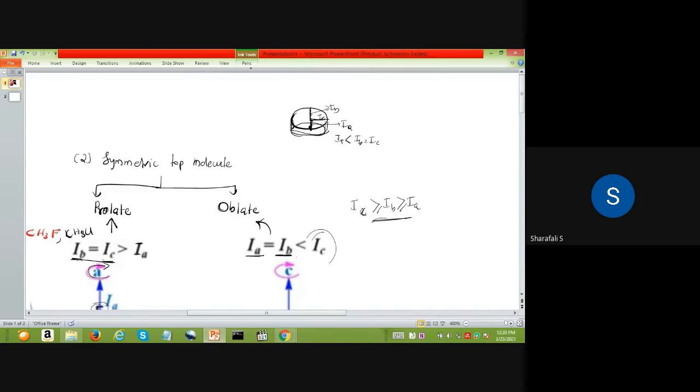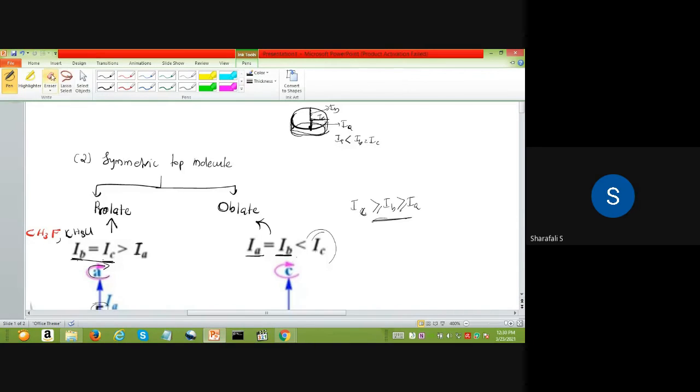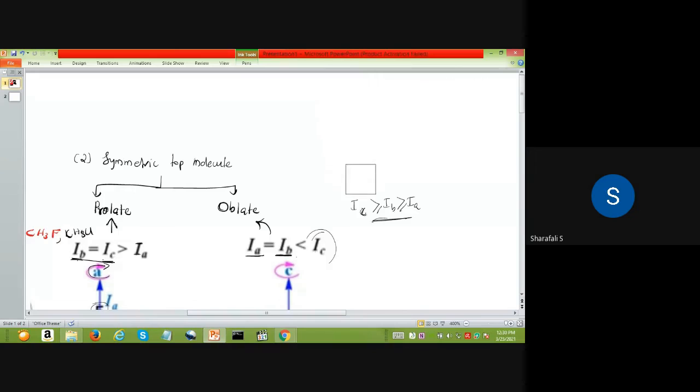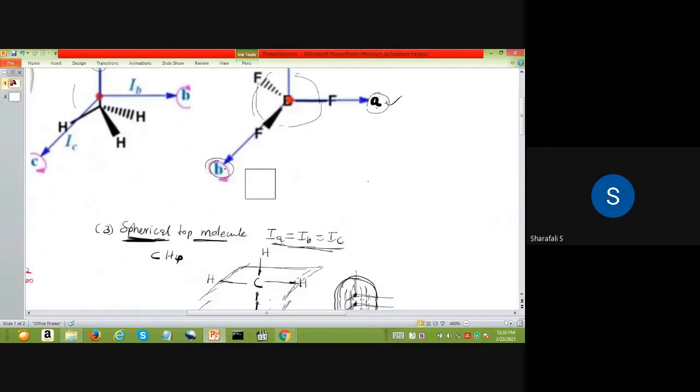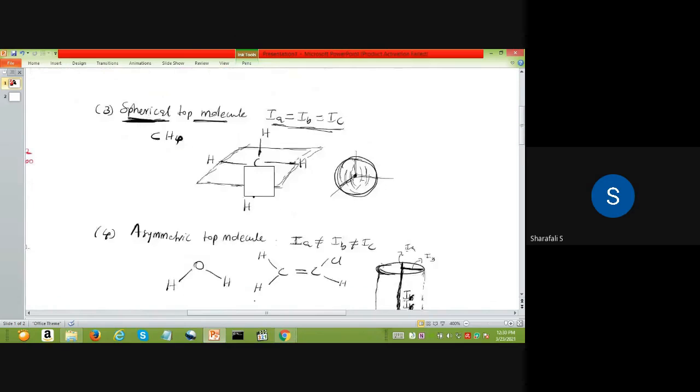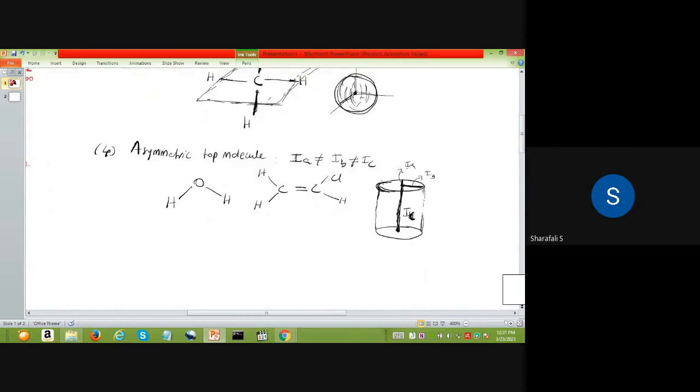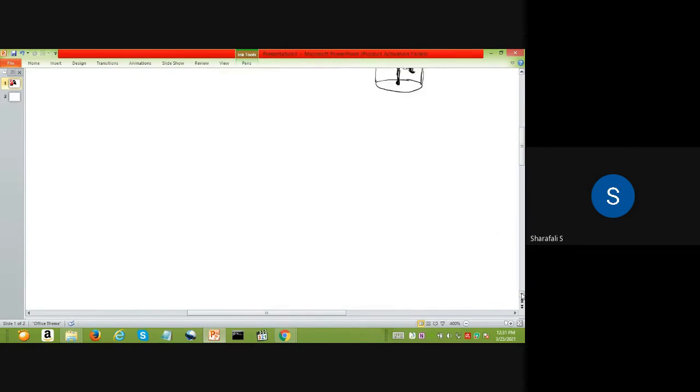So similarly, you can use different picturizations of the same. Okay, so that's about the classification of these molecules. And now we will discuss a little bit about the rotational spectra.